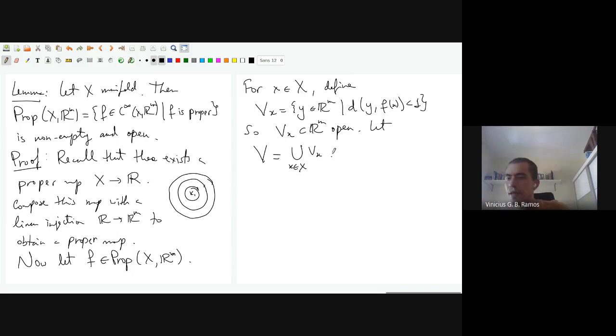Of course, it's a union of open sets, so it's going to be open in Y. Sorry, what I want is not this; I want another set, which is the union of x times Vx.